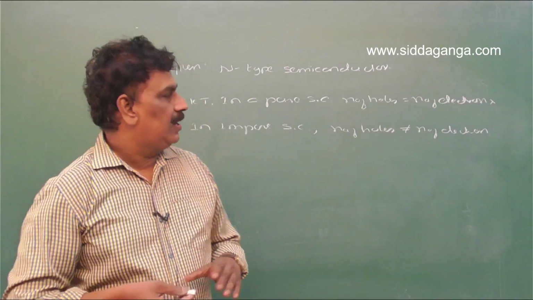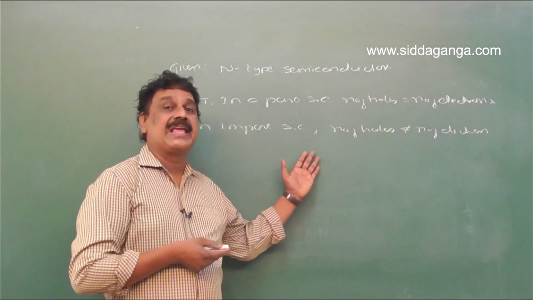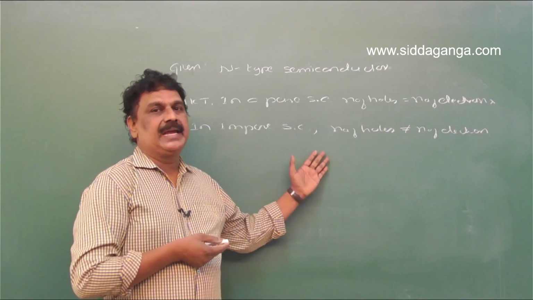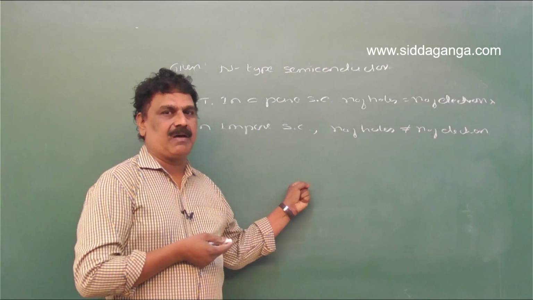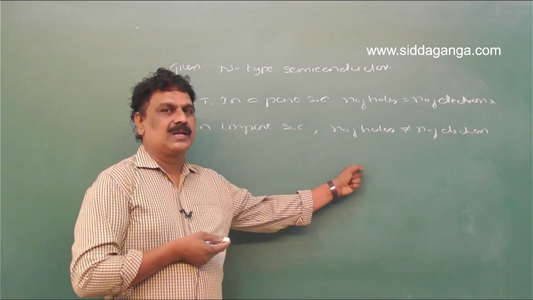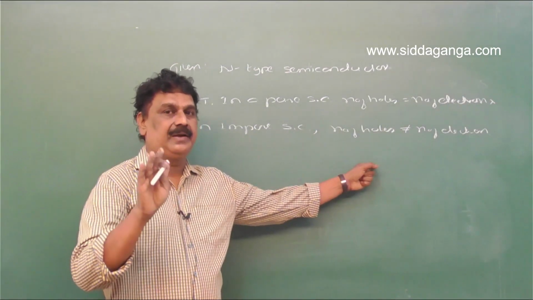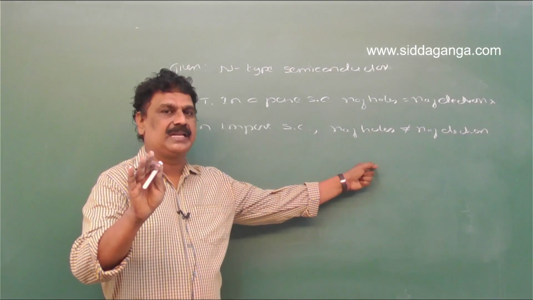atom. So when we dope a pure semiconductor with a trivalent impurity, it accepts one electron and the number of holes exceeds electrons, and it becomes a p-type semiconductor, with holes as the majority charge carriers.